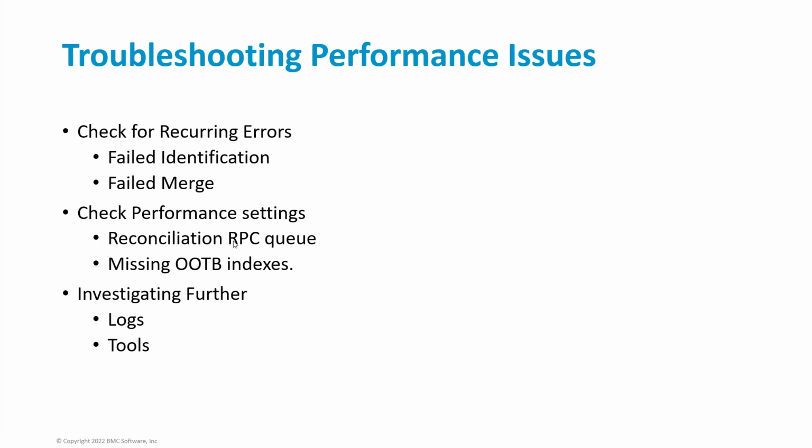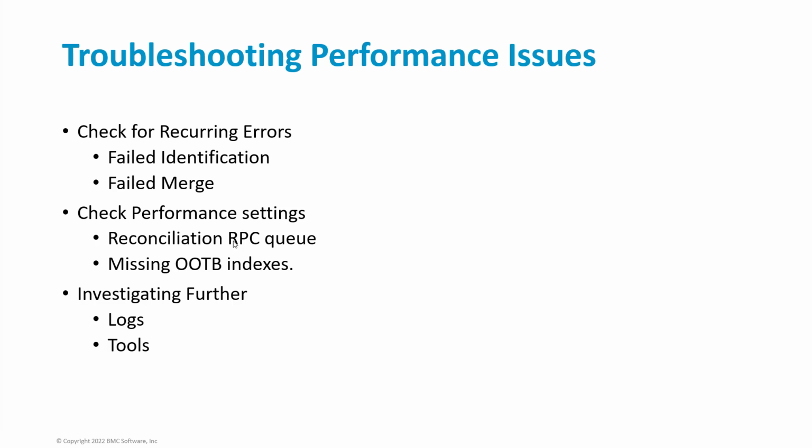If you see slow performance with reconciliation jobs, and when looking at the reconciliation job log you can see a high frequency of data-related errors, you must first fix these before moving on to the next troubleshooting steps. The CIs that fail to be identified and merged will be processed again each time the reconciliation job runs, causing potential performance issues. This is one of the main reasons for slow performance.